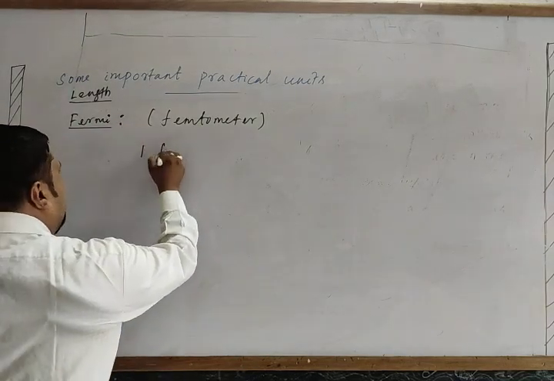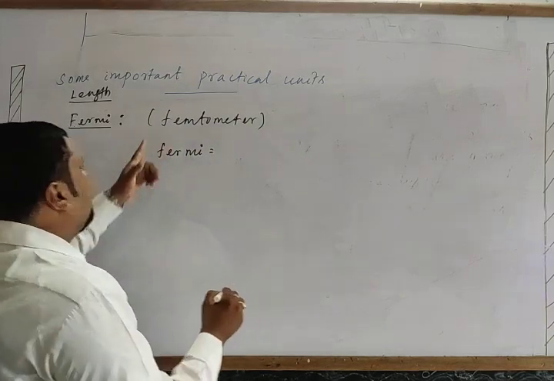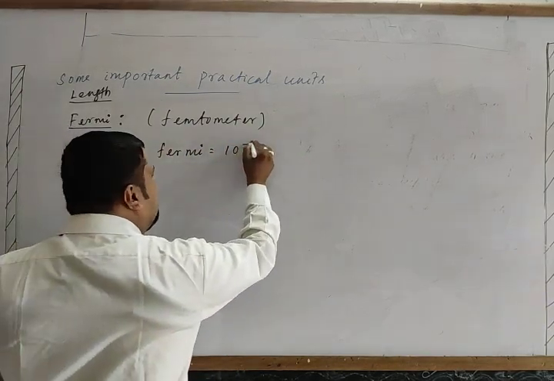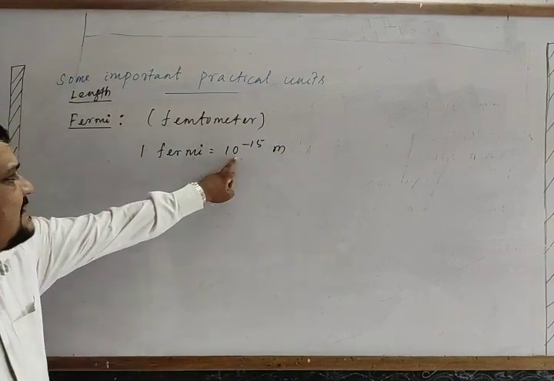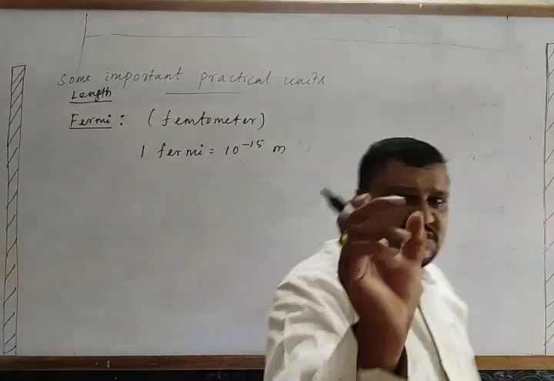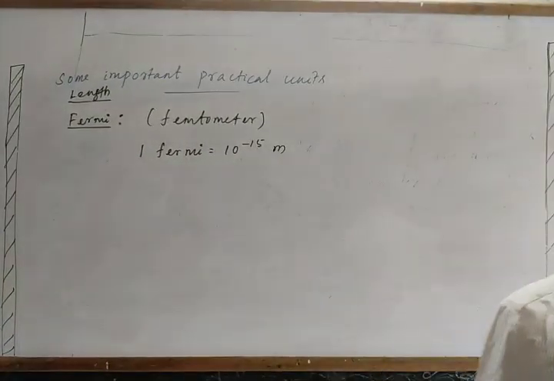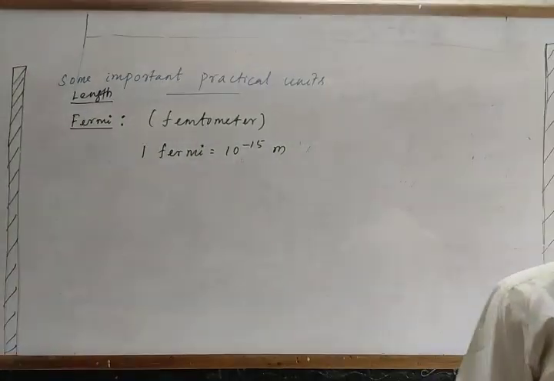So 1 Fermi is equal to 1 femtometer. Femto means 10 to the power minus 15 meter. So we are using the prefix: femtometer, the short form is Fermi. So 10 to the minus 15 meter, and this is used for nuclear size.